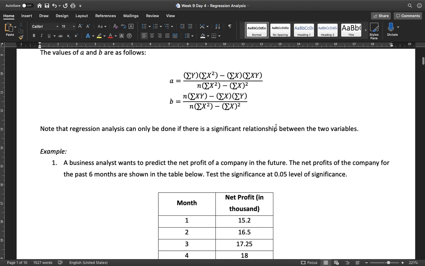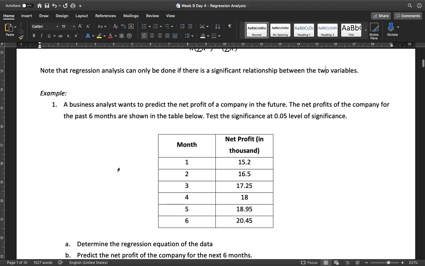A business analyst wants to predict the net profit of a company in the future. The net profits of the company for the past 6 months are shown in the table below. Test the significance at 0.05 level of significance. So, ito yung number of months, 6 months, net profit in 1,000.